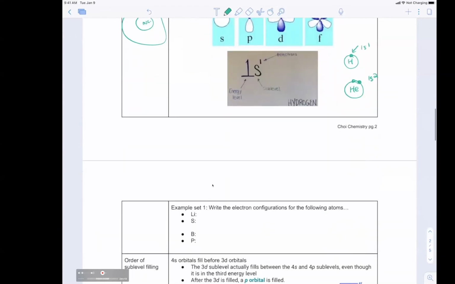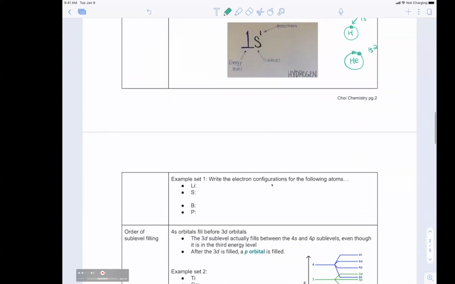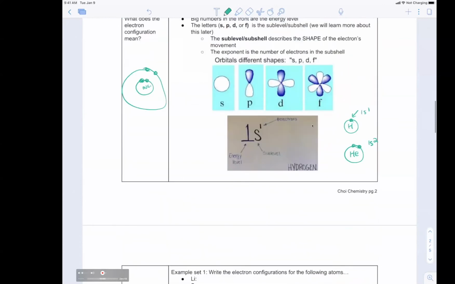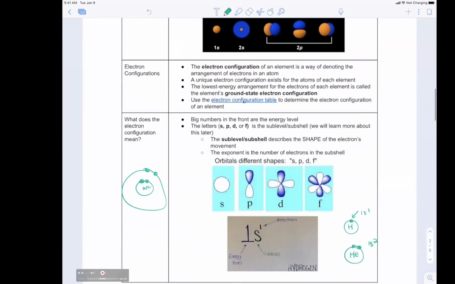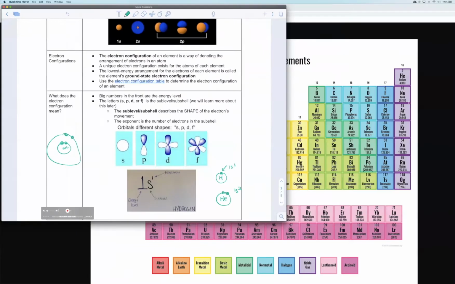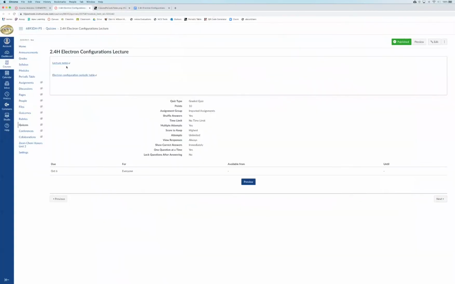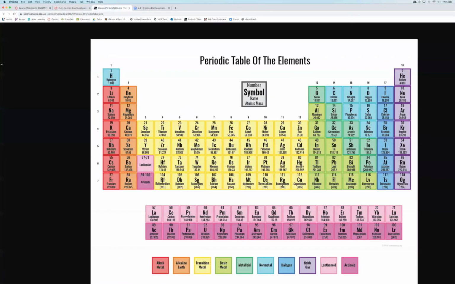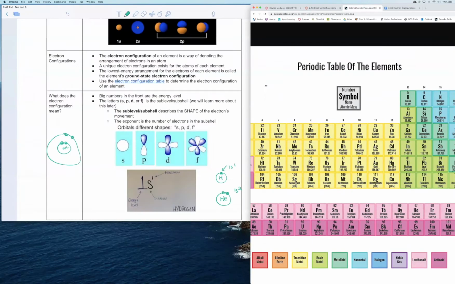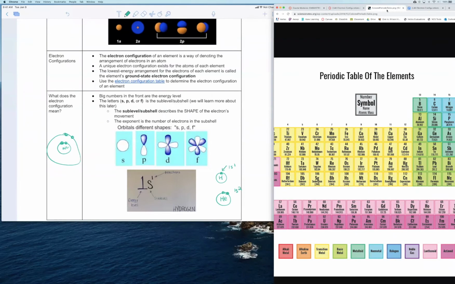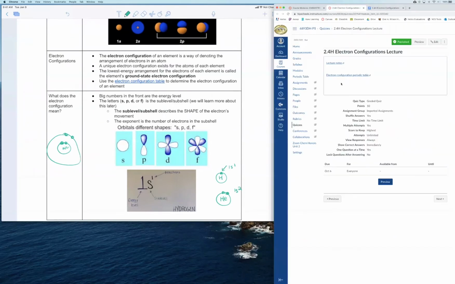Okay, so let's go over how you write electron configurations for atoms. What you need to do is either click this link here or just open it up from Canvas like I had linked right here. I'm going to split my screen so you can see both of them. Sorry, this is the wrong one right here.